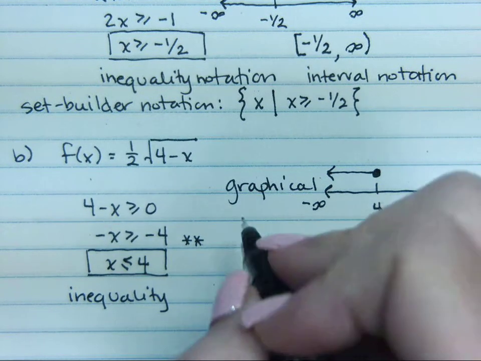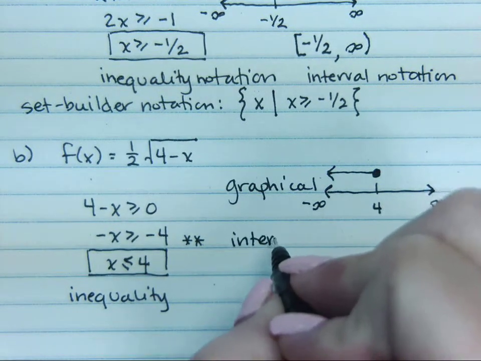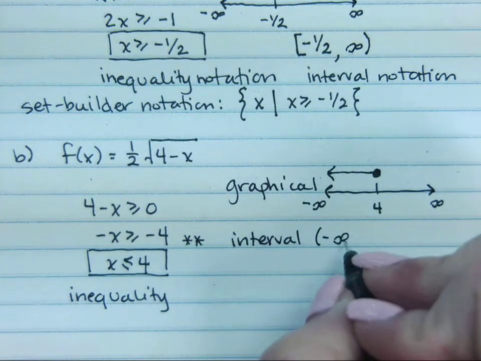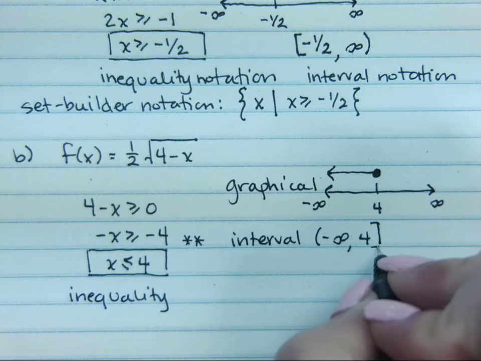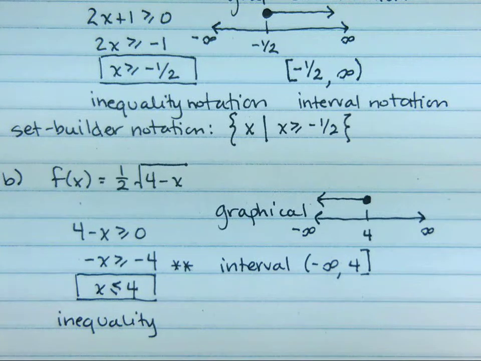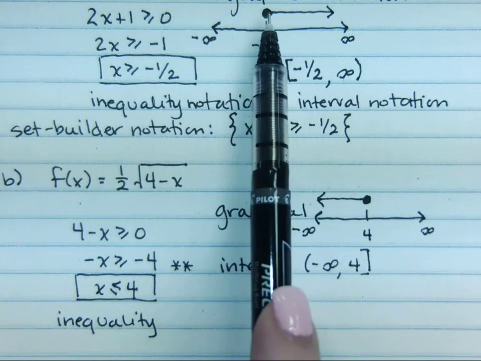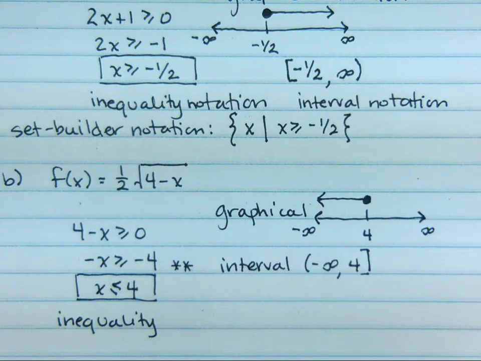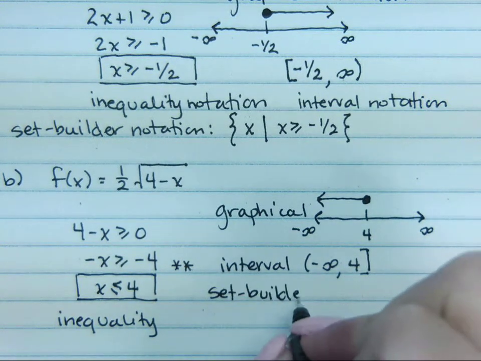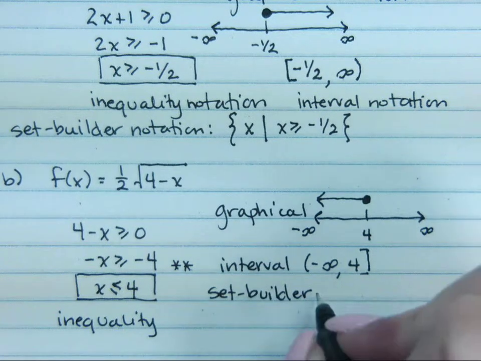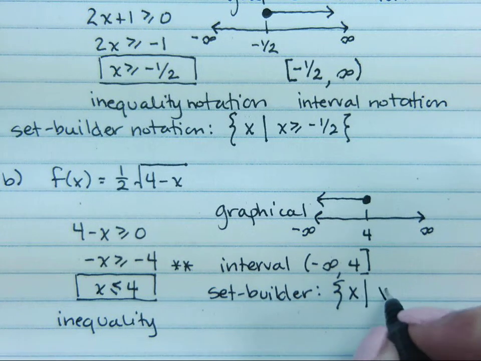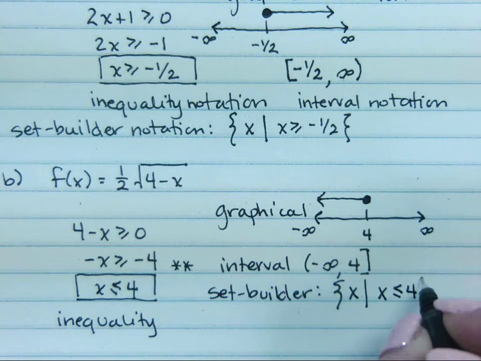That's going to help me build my interval notation, because when I move from left to right, I go from negative infinity up to 4 and including 4. You're going to start noticing that whichever side the arrow goes, that's going to be your start and your stop for your interval notation. And then my set builder: all the values for x such that x is less than or equal to 4.